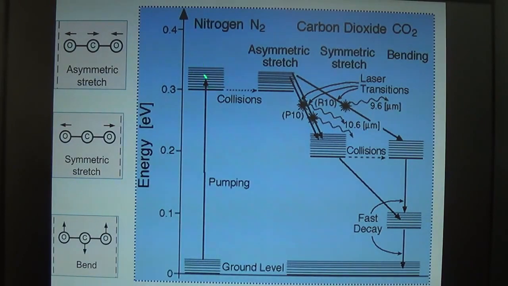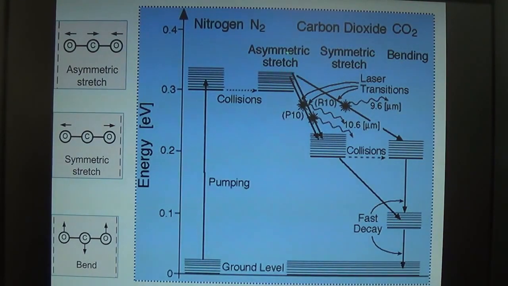So this nitrogen transfers its energy to the CO2 molecule. The CO2 molecule comes into the asymmetric stretching level, and from here the transition takes place into different vibrational states. So there are three states: asymmetric stretching, symmetric stretching, and bending.